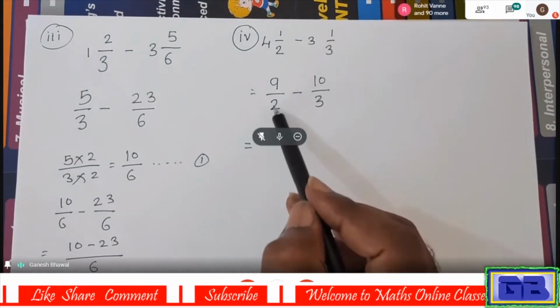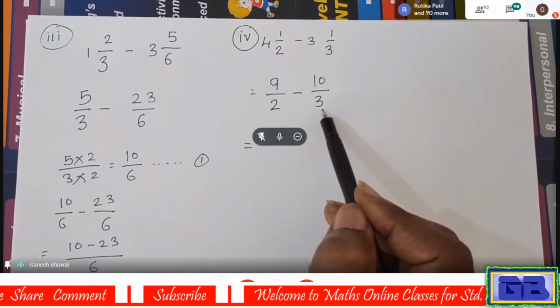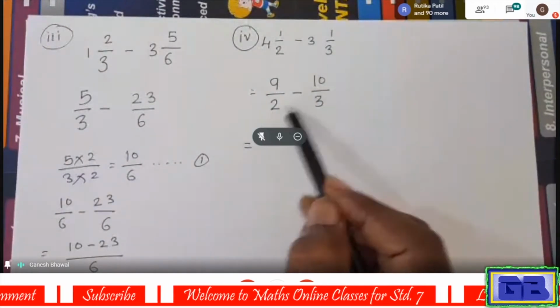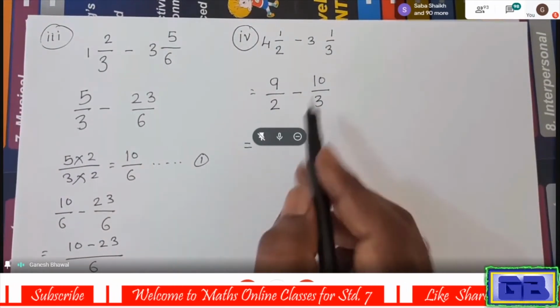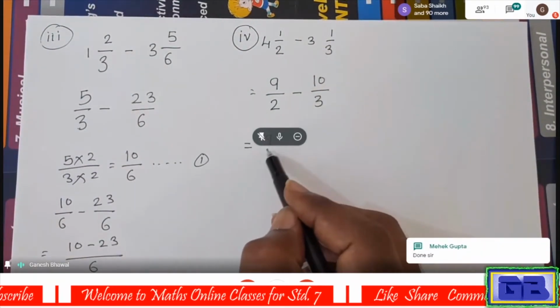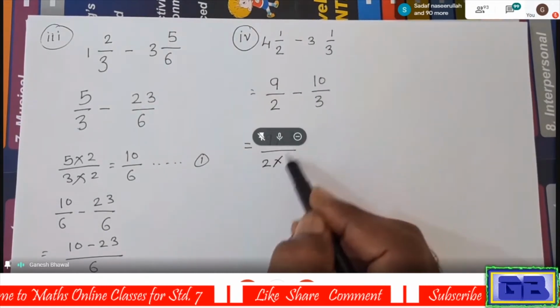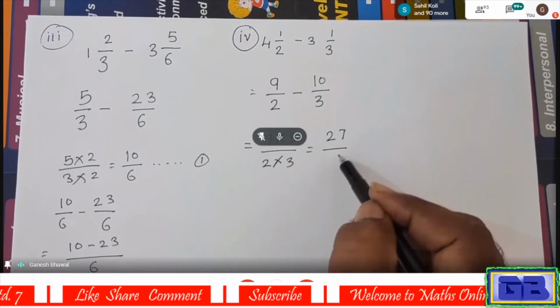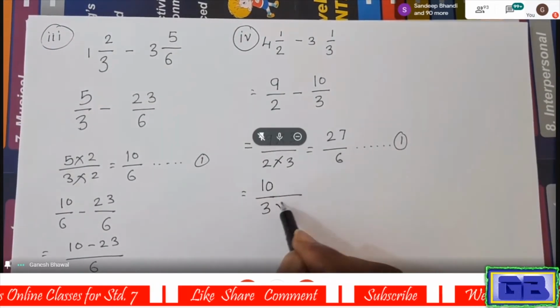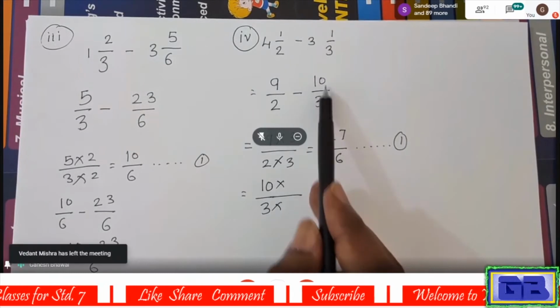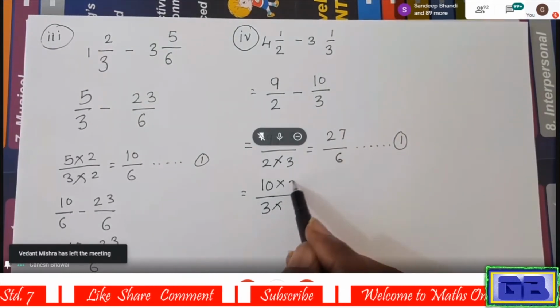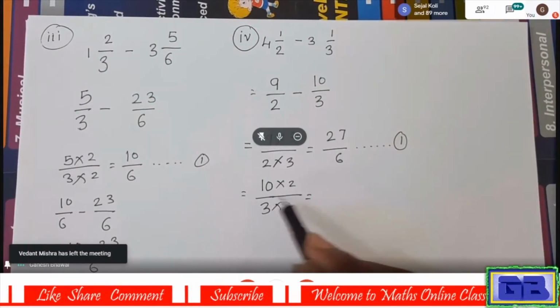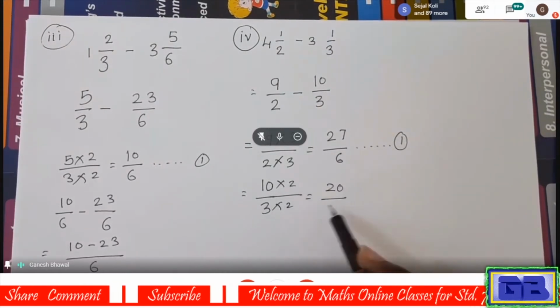Now this first fraction we will multiply with 3 and the second fraction with 2. So 9 upon 2 multiplied by 3 equals 27 upon 6. As I said, we have to multiply the second fraction 10 by 3 with 2, so 10 twos are 20, 3 twos are 6.